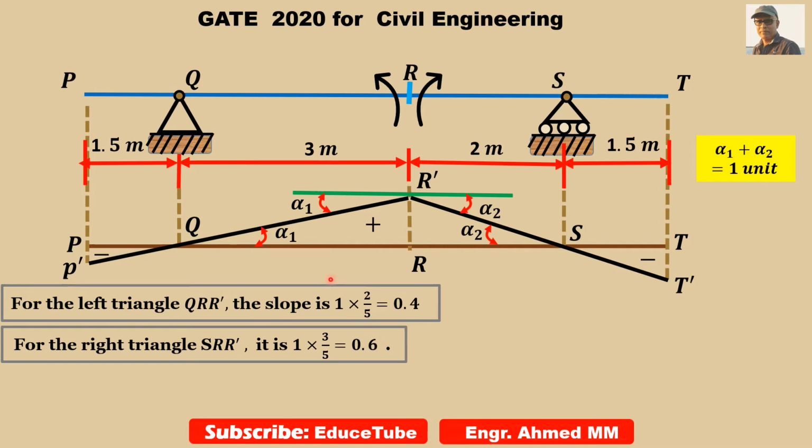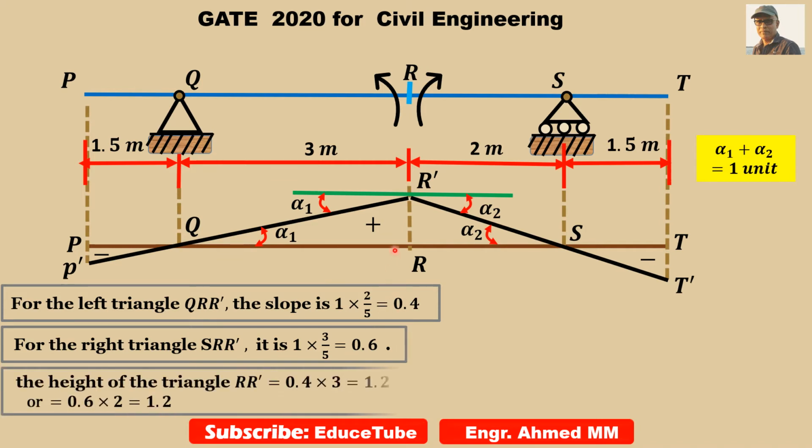Now, once we get these two, surely we can find the height of the triangle, I mean this height, RR prime. Anyway, RR prime, in two ways we can calculate.